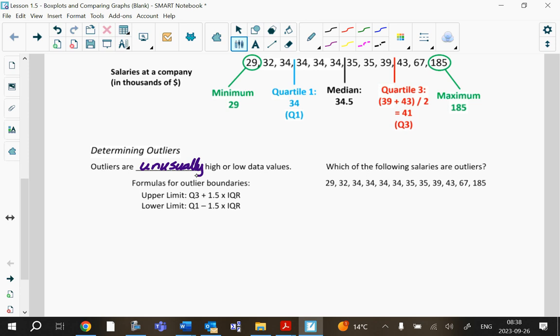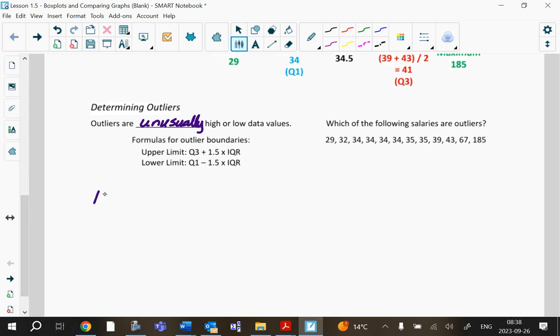And remember, do you remember how to find the IQR? We did a subtraction: whatever the value of Q3 was minus Q1. That represents the middle 50%. So the IQR in this example would be Q3, 41, minus Q1, 34, which is equal to 7.